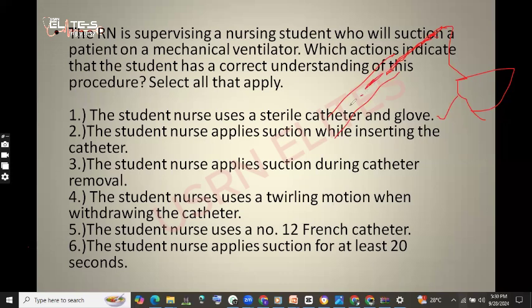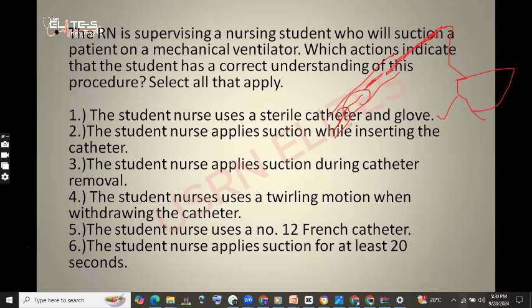You go until you meet resistance, then withdraw about 1 centimeter to prevent mucosal lining damage. Then you start applying your suction in a twirling motion as you come out. So that's how it's done.